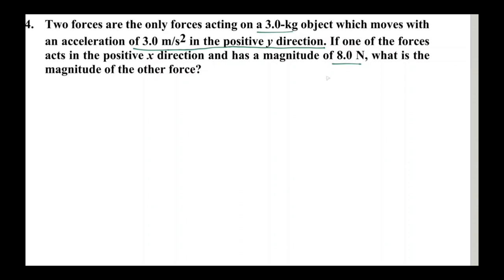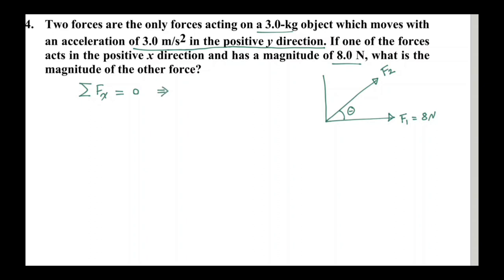Now let's have a quick sketch here. We have two forces, one of them in the x direction, let's name it F1 with magnitude 8 newtons. The other one, we don't know in what direction or the magnitude, and let's name it F2, making some angle theta. Again, it's an unknown angle. Now the sum of all forces on x is equal to 0 because there's no acceleration in the x direction.